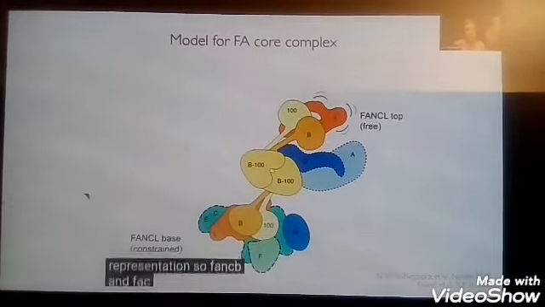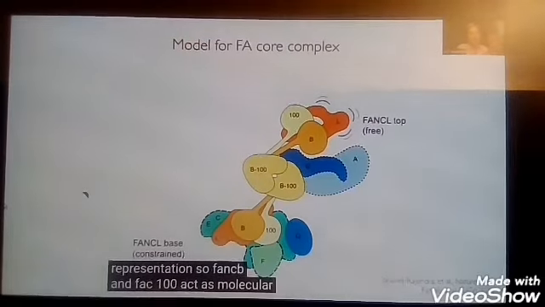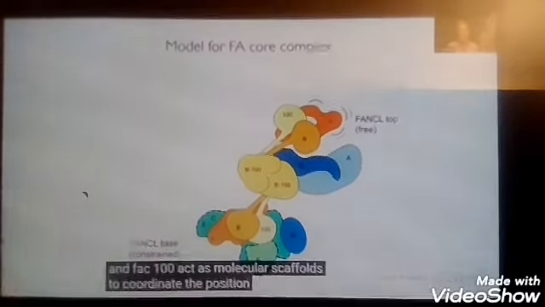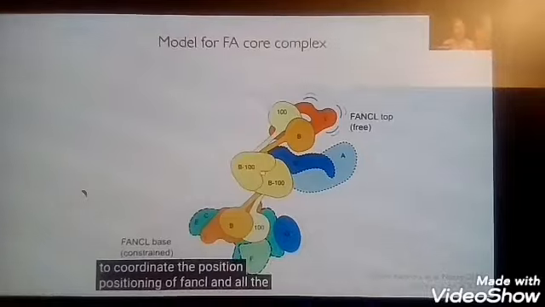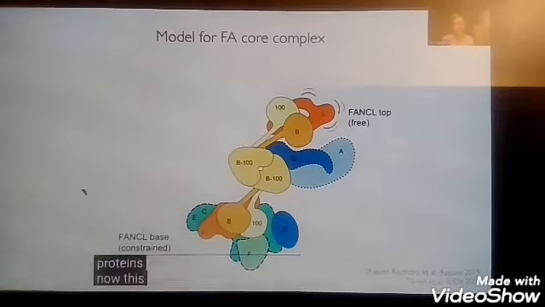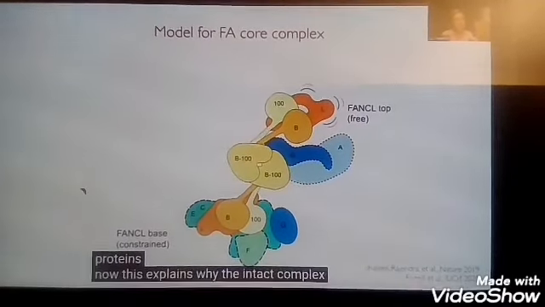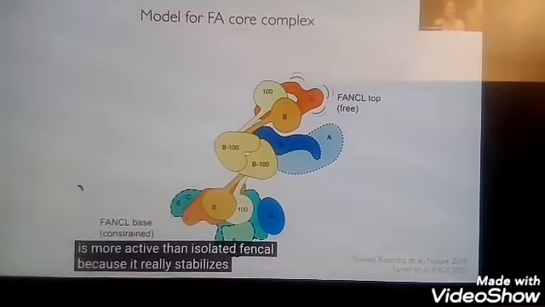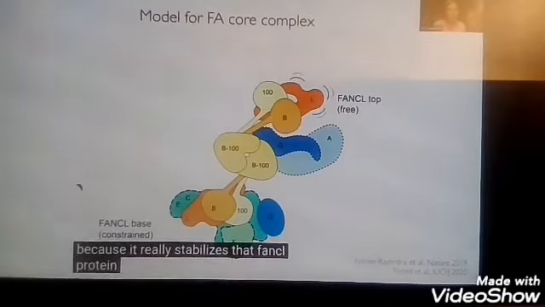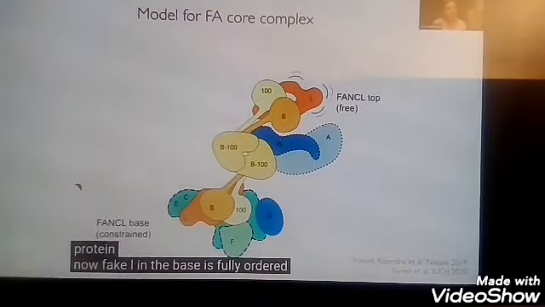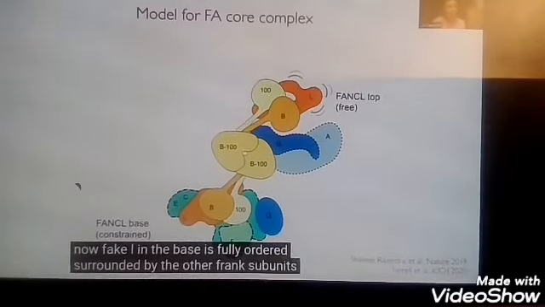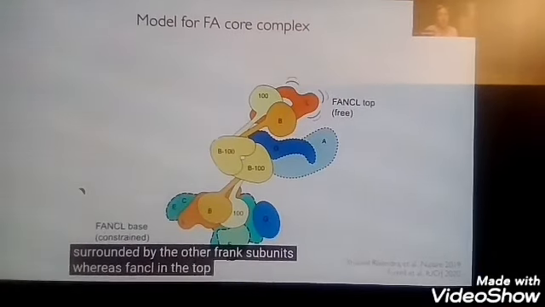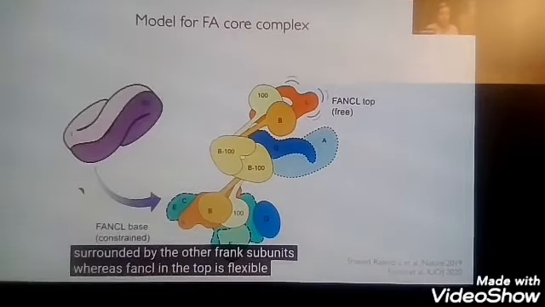So FANC-B and FAP100 act as molecular scaffolds to coordinate the positioning of FANC-L and all the other proteins. Now, this explains why the intact complex is more active than isolated FANC-L, because it really stabilizes that FANC-L protein. Now, FANC-L in the base is fully ordered, surrounded by the other FANC subunits, whereas FANC-L in the top is flexible.